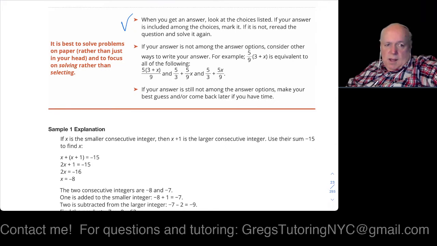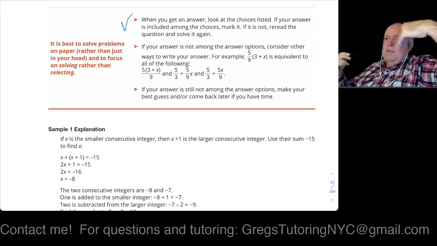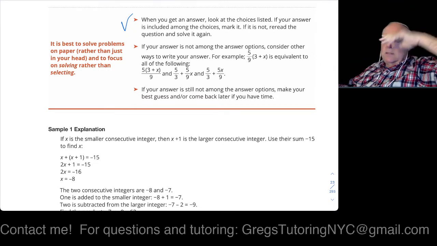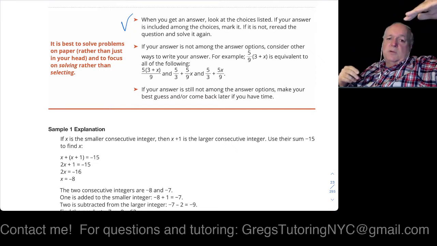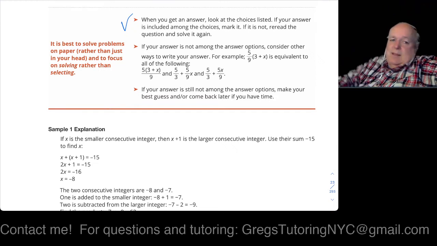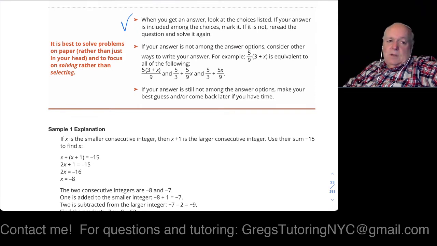Or you were supposed to take the reciprocal of a fraction, and you didn't. Or you have an inequality, and you were supposed to flip the sign, and you didn't. So the fact that you got one of the answer choices in the multiple choice section does not mean it's right. If you can use alternate solutions to get the same answer, that's the best.